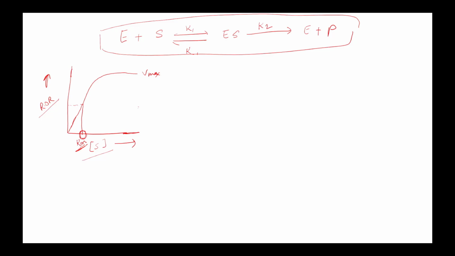Now let's talk about this graph. According to the Michaelis-Menten equation, the reaction velocity versus the concentration shows a hyperbolic graph.